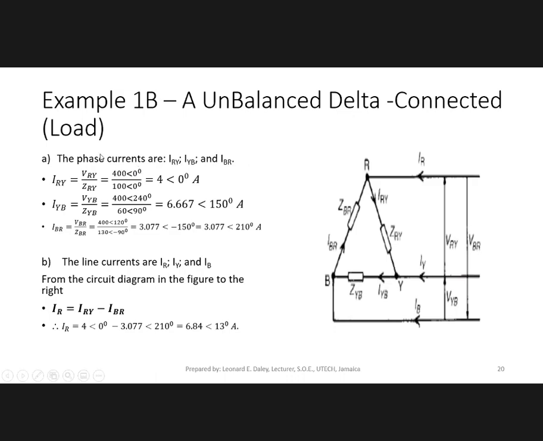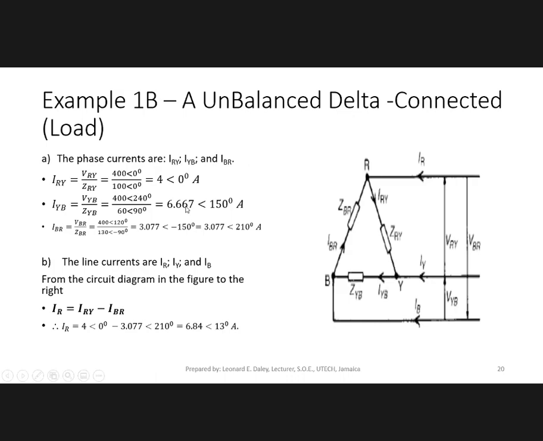All right, so we want to find the phase currents, and these are IRY, IYB, and IBR. So again, we write our formulas, VRY over ZRY. That would be equal to IRY. And we do the maths. We substitute the values. IYB is VYB over ZYB.